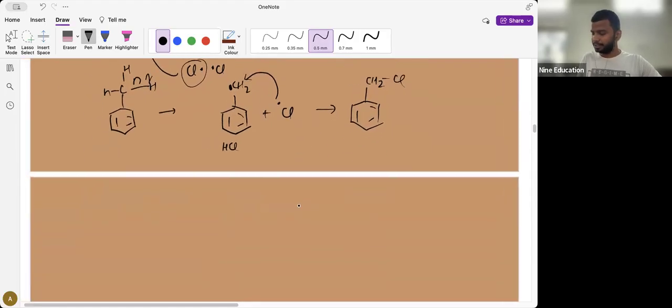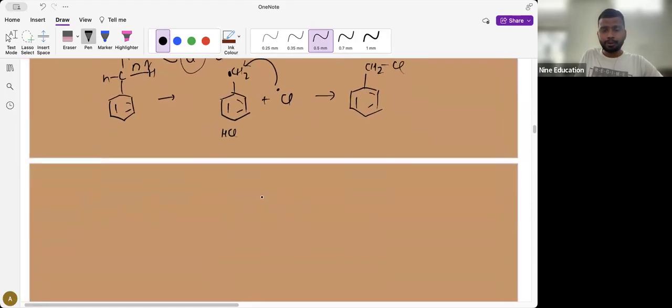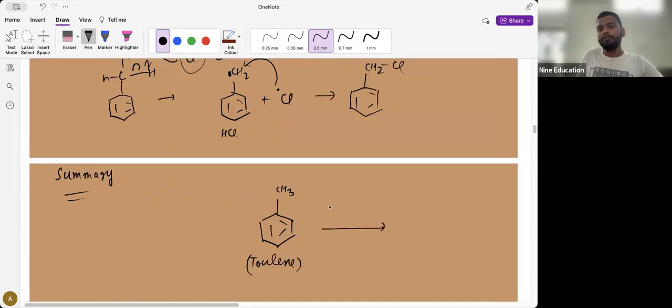Similarly, one more example. The important thing, beta, I am telling you as a summary. Let's say we have CH3 on benzene. This is known as toluene. In toluene, if I put chlorine with H nu or heat, where do we always add chlorine?